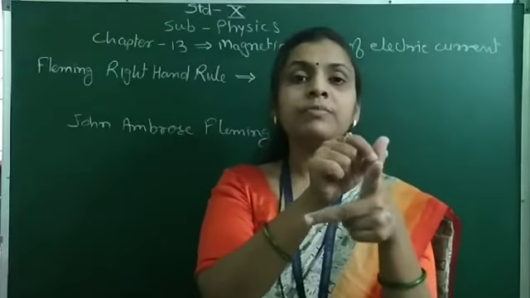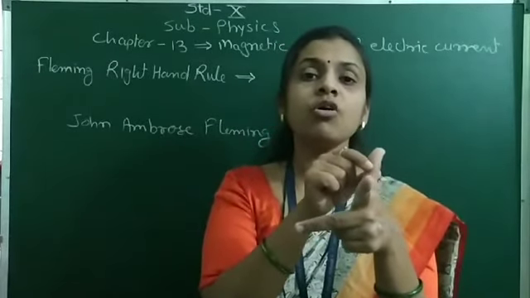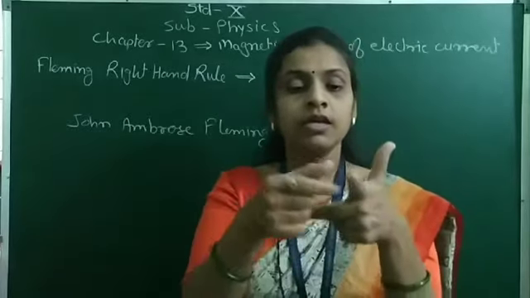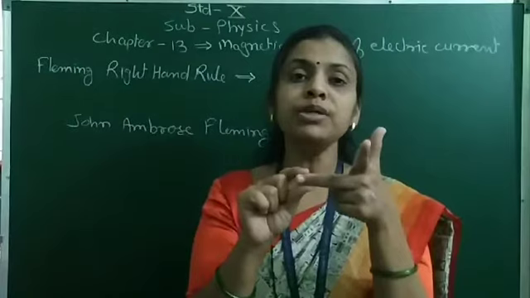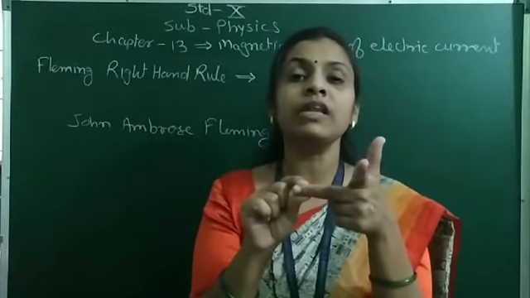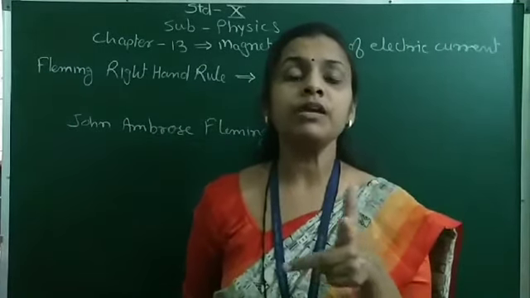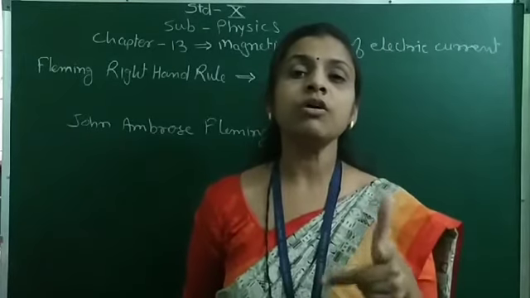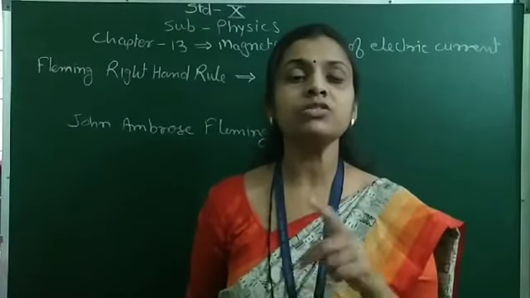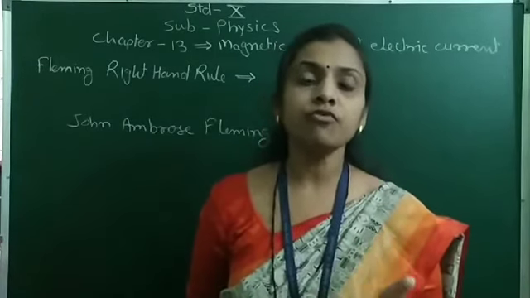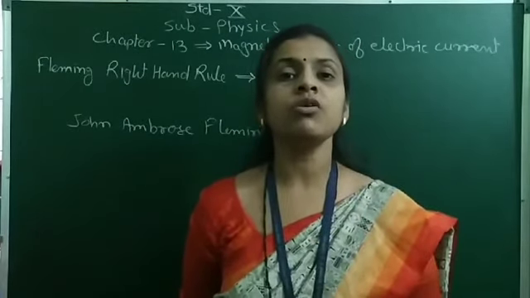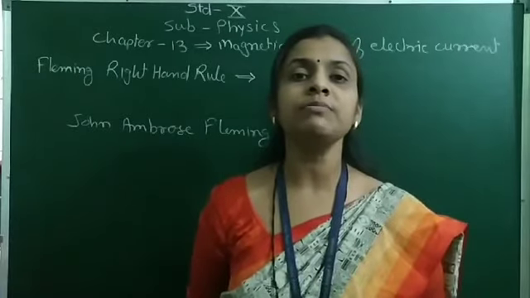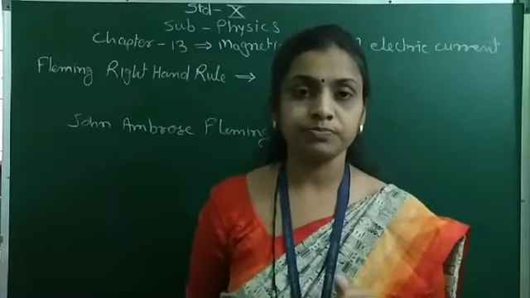Then the thumb represents the direction of force or motion of a conductor, the forefinger represents the direction of magnetic field and the middle finger represents the direction of electric current. So the Fleming left hand rule is used to give the direction of force or motion of a conductor.